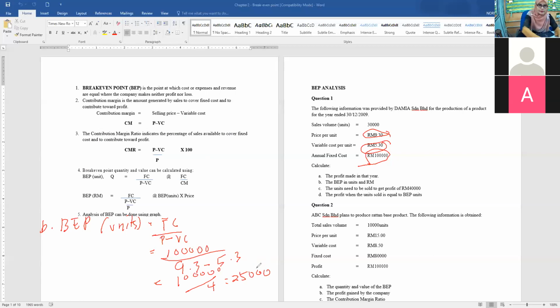No. Okay. Then for B, the question also asks you to find out break-even point in RM. So break-even point in RM, the formula that we can use is break-even point in units times price. So you just take the answer from break-even point in units, 25,000, and then times price.